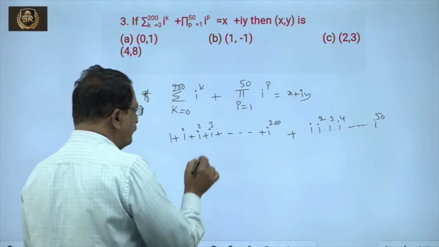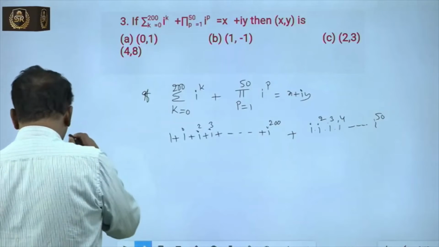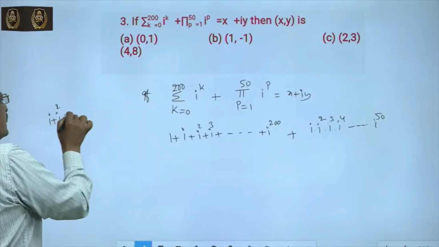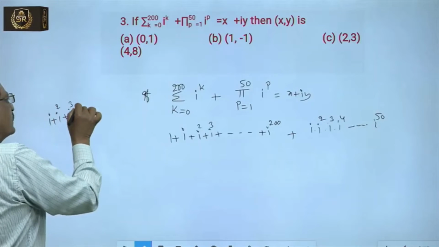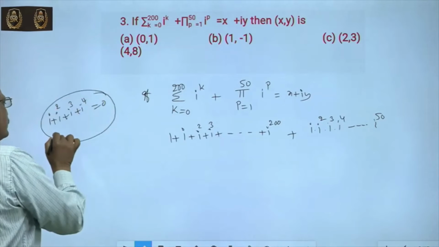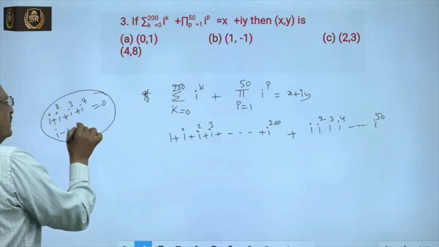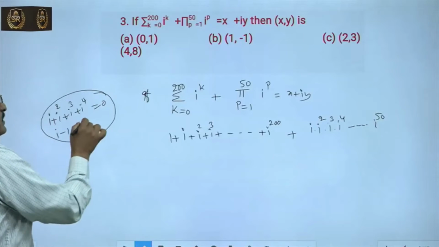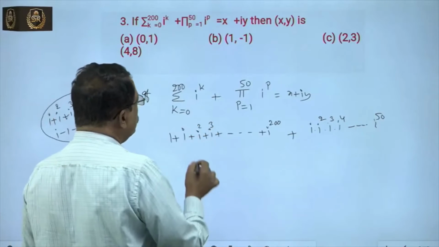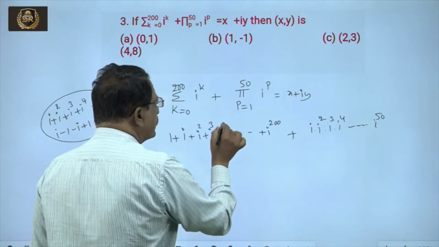Okay. Now, in complex numbers, the first four terms i plus i square plus i cube plus i to the power of 4 always equal 0, because i square equals minus 1, i cube equals minus i, i to the power of 4 equals 1. Now its value equals 0. Every 4 terms give 0.